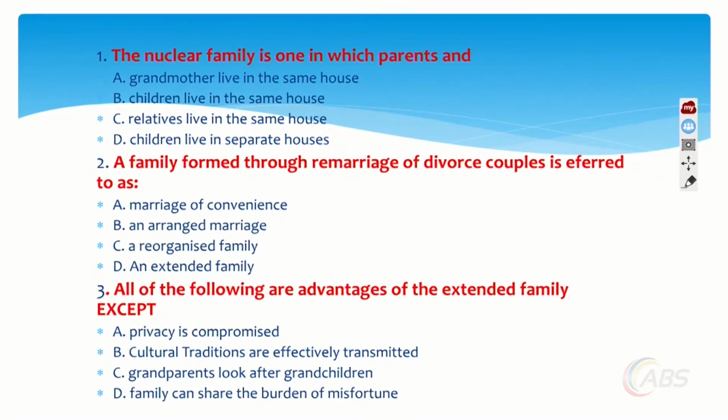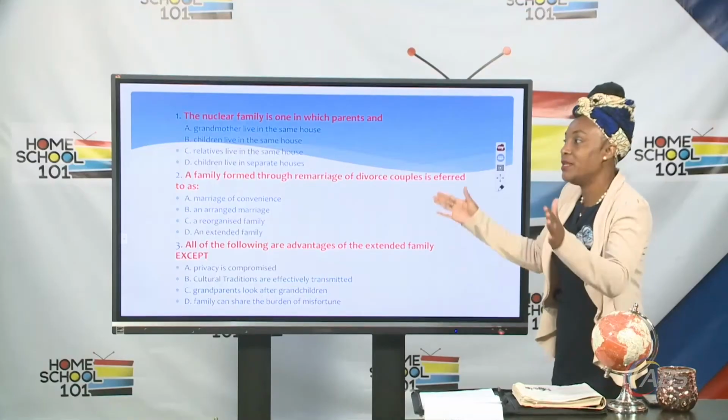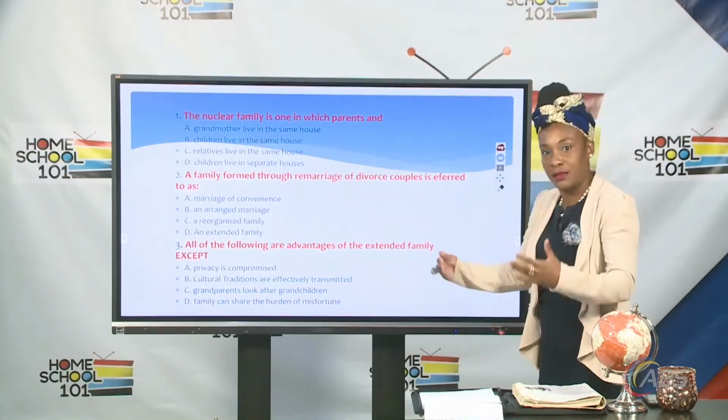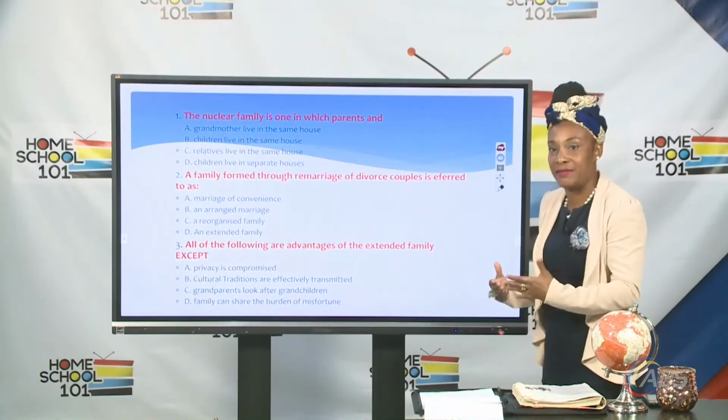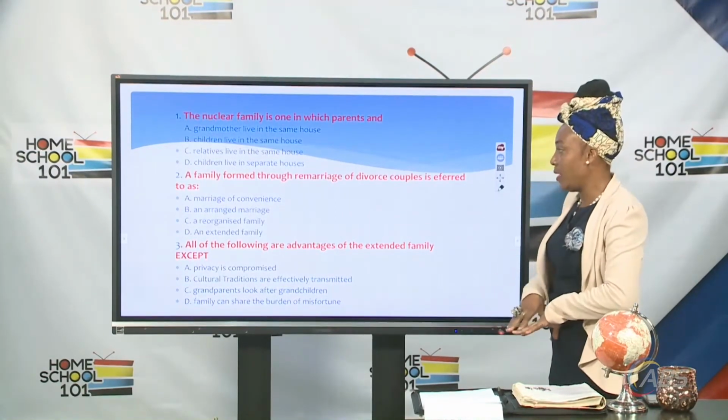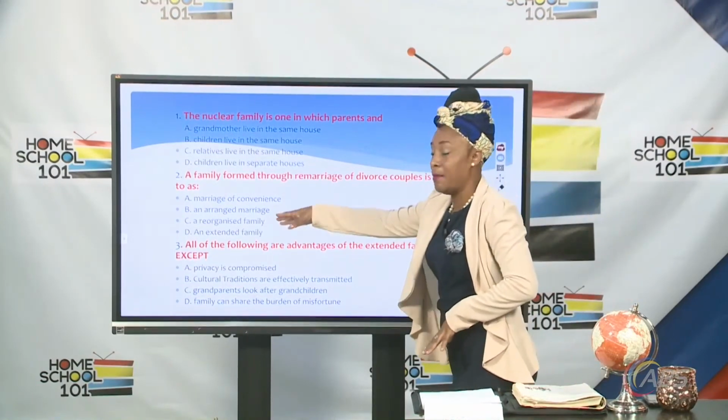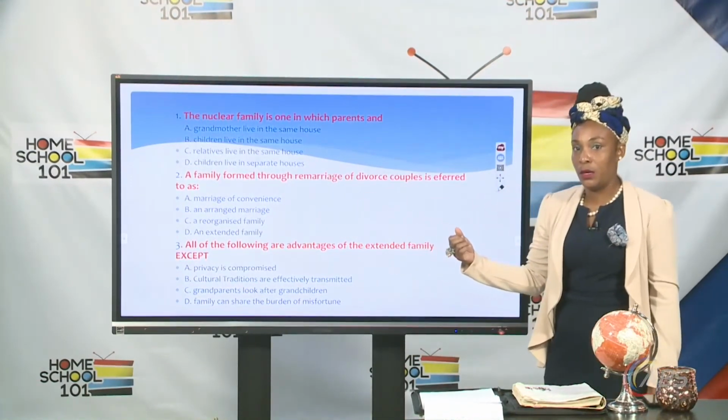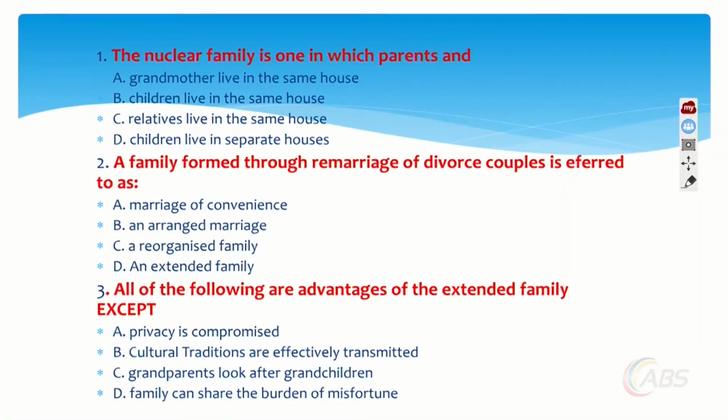Because they are adjusting to each other. They're coming together to know each other, to live together. So they're reorganizing their lives to be together. Okay? It's the same answer it would have been if it had been a blended family. Okay? Same answer.